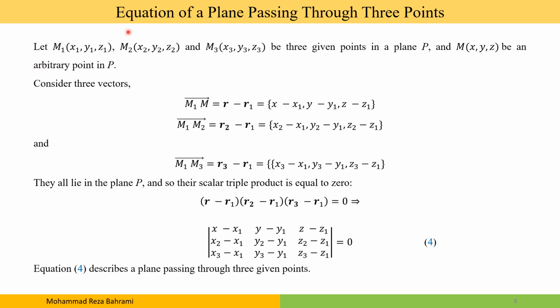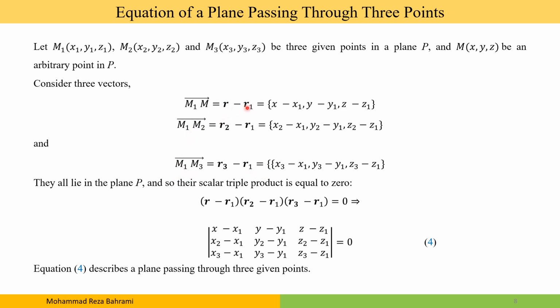Now let's have a talk about the equation of a plane passing through 3 points. Let M1, M2 and M3 be 3 given points in a plane, and M be an arbitrary point in P. So we have 3 vectors M1M, M1M2, M1M3.